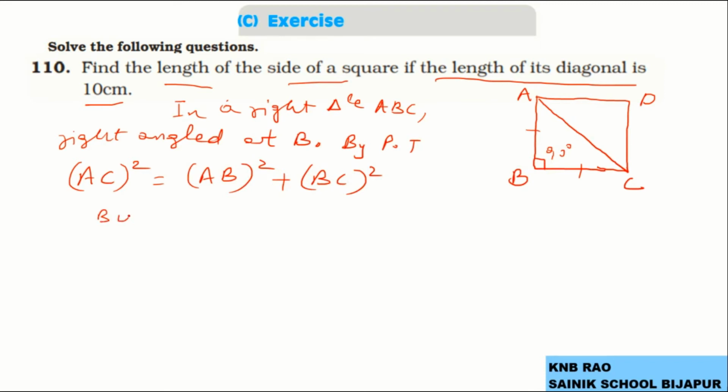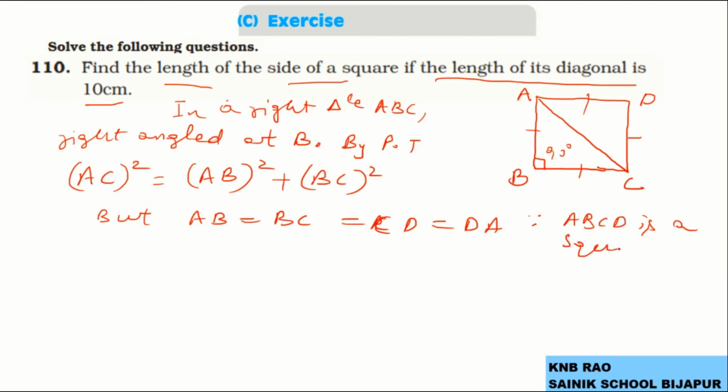But AB equals BC equals CD equals DA. Why? Because ABCD is a square, and in a square all sides are equal.